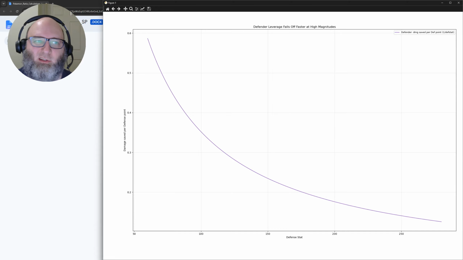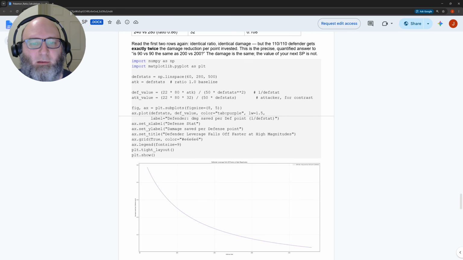And this kind of answers the question as to at what point do you invest in hit points over defense? Again, at low numbers, until you start not reducing the damage by 1, that's when you then convert to investing in hit points. But again, as you get higher and higher into defense, it becomes less and less impactful.